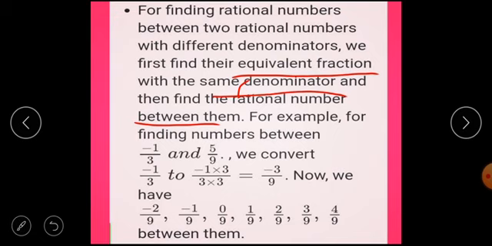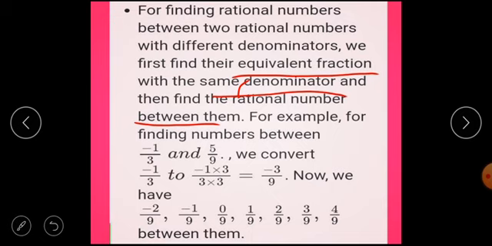For example, look here, I am taking two rational numbers minus 1 upon 3 and 5 upon 9, and both have different denominators, 3 and 9. So first we will take the LCM to make the denominators the same. The LCM of 3 and 9 will be 9.